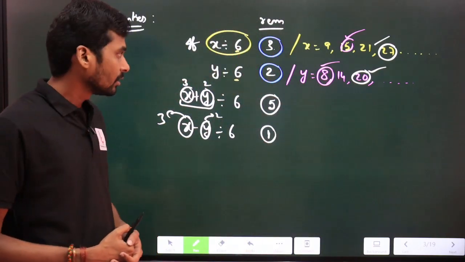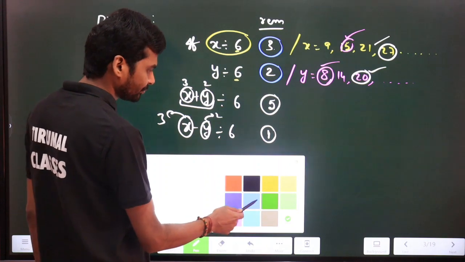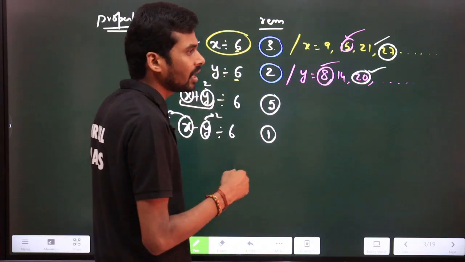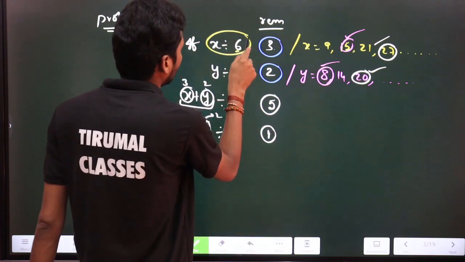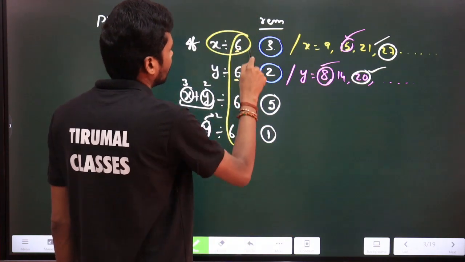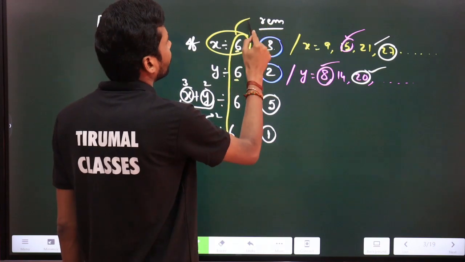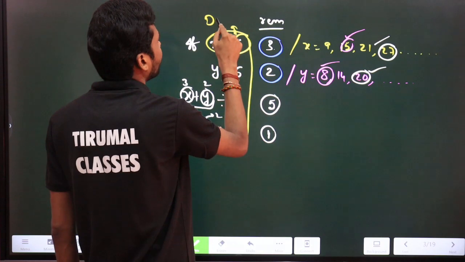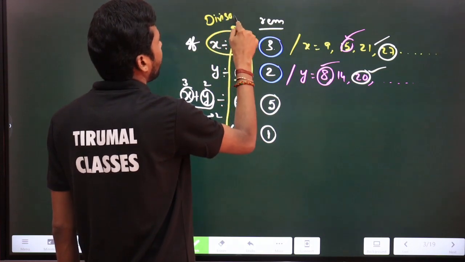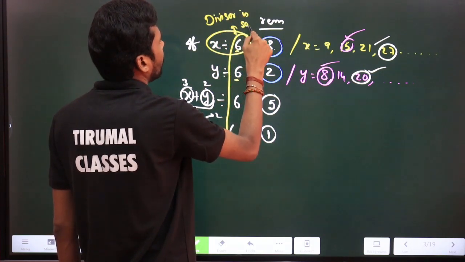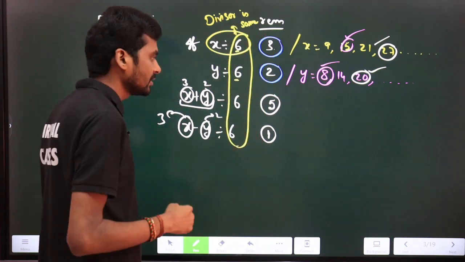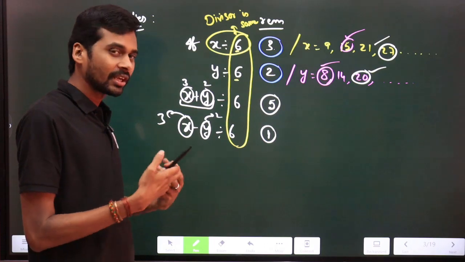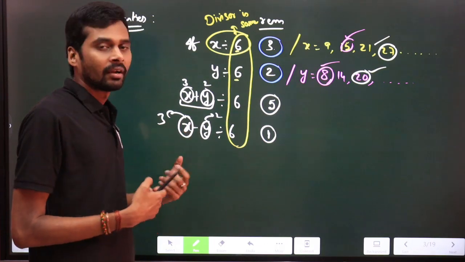That's why it is 1. Is it clear? So here the condition is you can have any number of numbers when you are dividing with the same divisor. If the divisor is the same, then the remainders themselves we can consider as the main numbers.